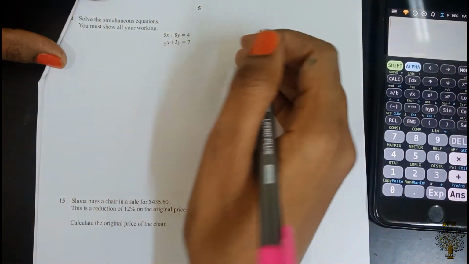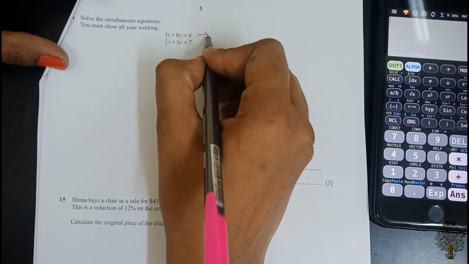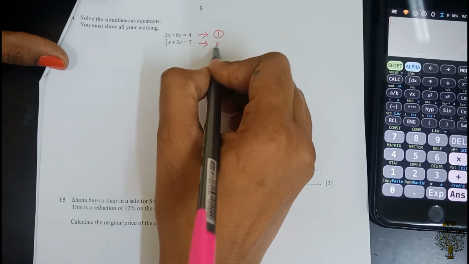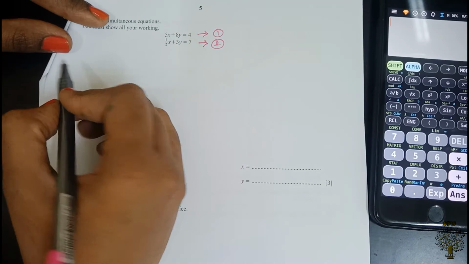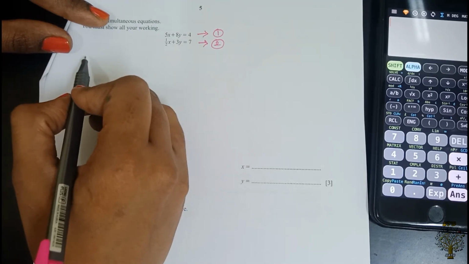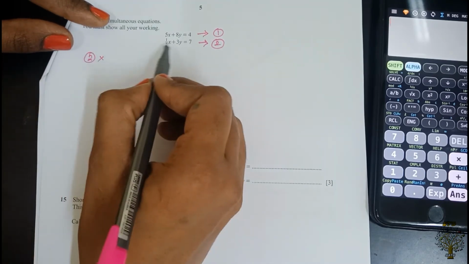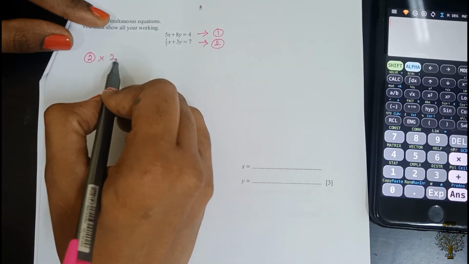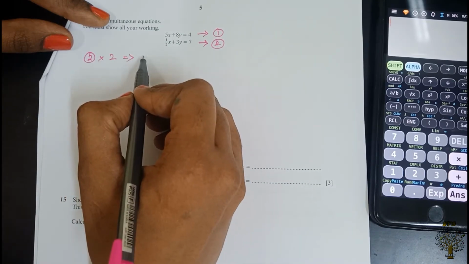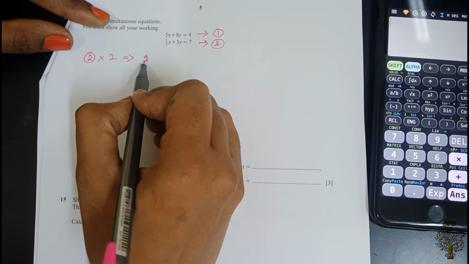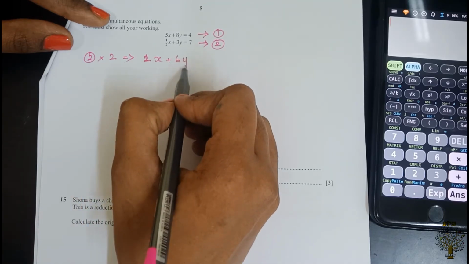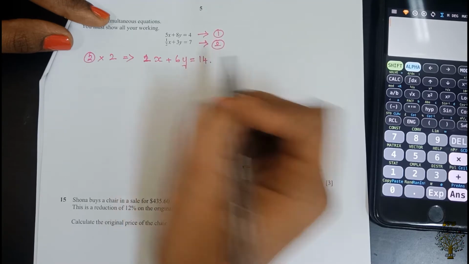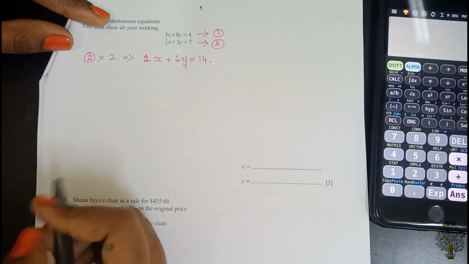Okay, next. Solve the simultaneous equation. Name this as equation 1, name this as equation 2. In equation 2 we have fraction, so I'm going to convert it to the number value. Second equation, we have 2 in the denominator, multiplying with 2. 2 multiplied with half is 1x, plus 2 multiplied with 3 is 6y, equal to 14. This is your new second equation.